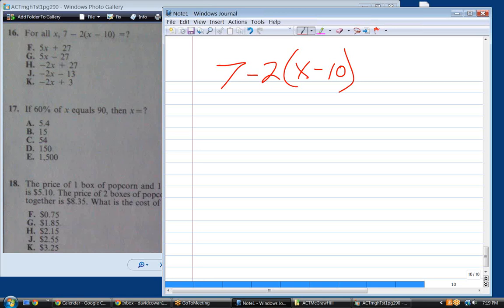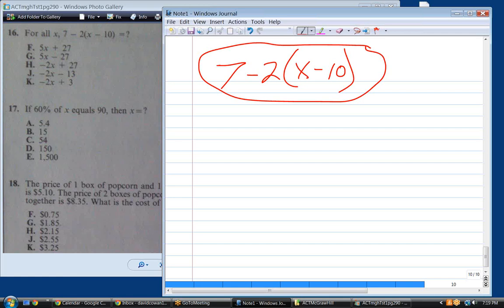I'm not quite sure what it's asking. It's asking, what do you get if you simplify this expression? So that would be 5 times x minus 10. Hold on. Start by simplifying that.